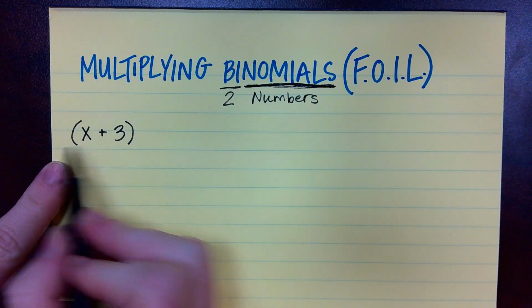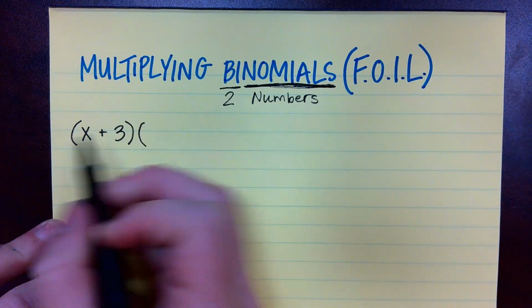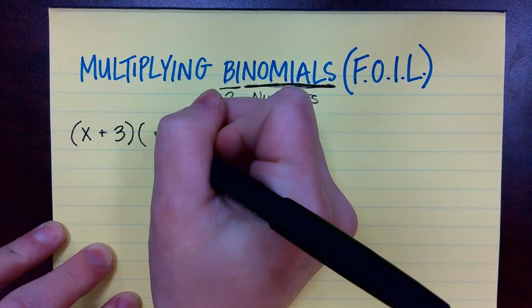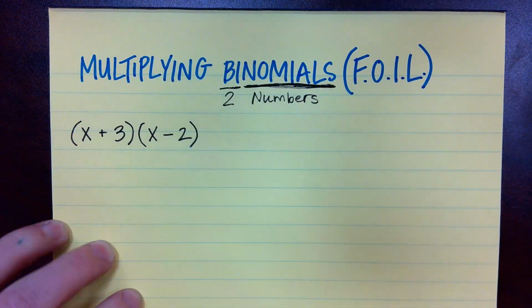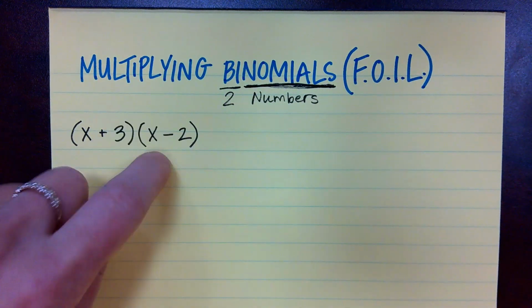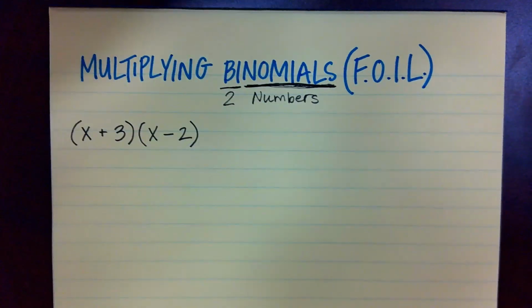So we have a binomial here. What if I wanted to multiply this times another binomial? So your x would be like terms, right? Let's think about it.